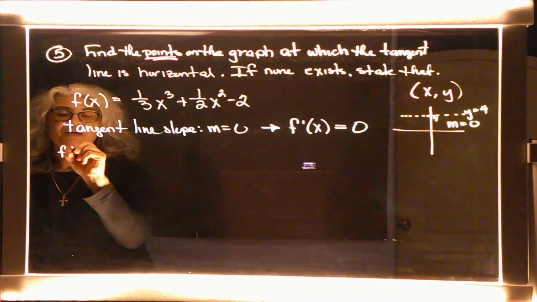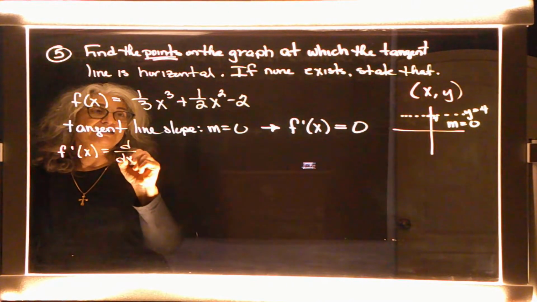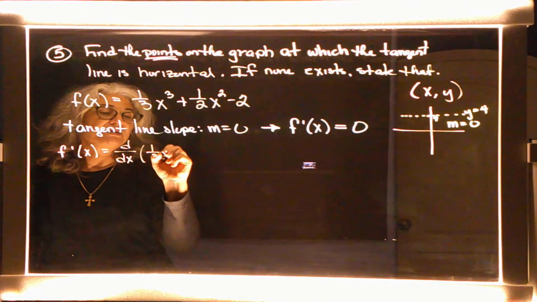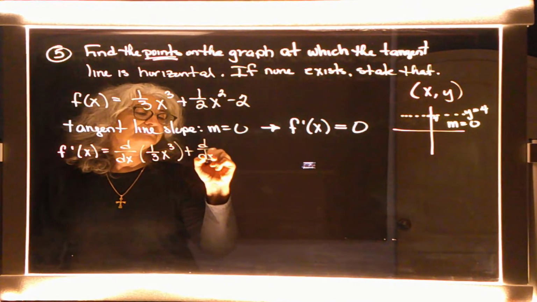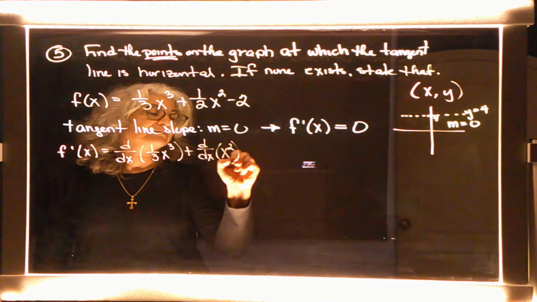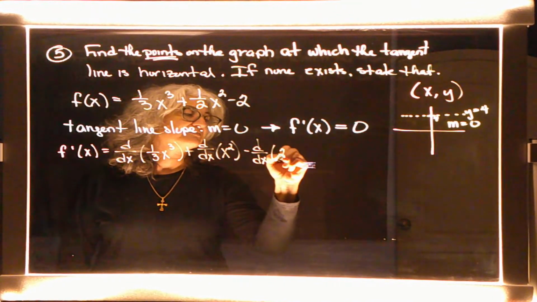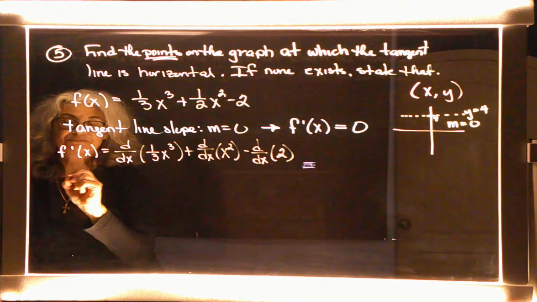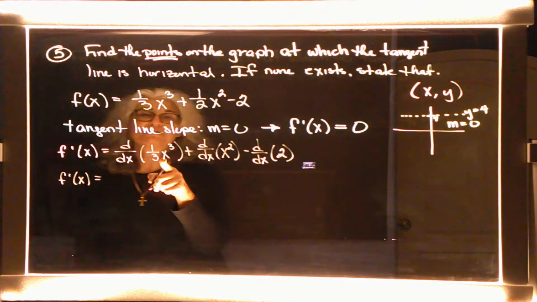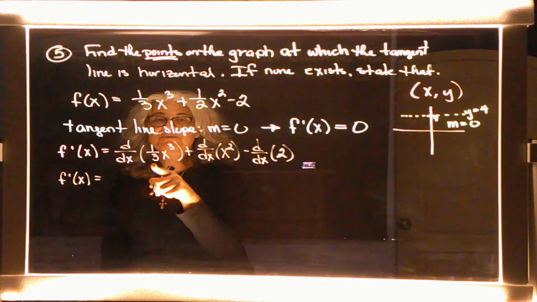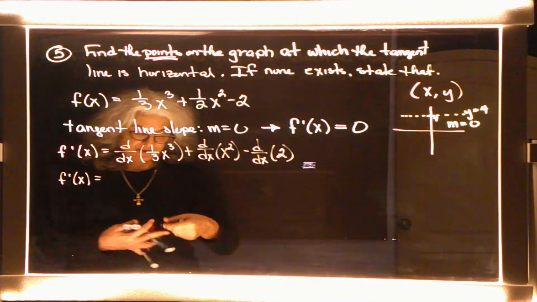So, the derivative of the function is going to be us taking the derivative of each of these individually. And I'm hoping you follow along. The derivative of the first one: bring down the 3, so what's 1/3 times 3? Well, let me just write it.